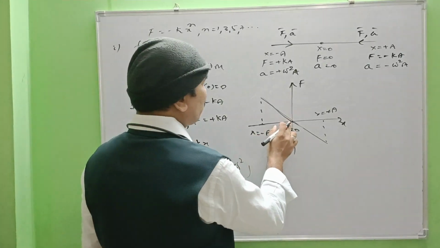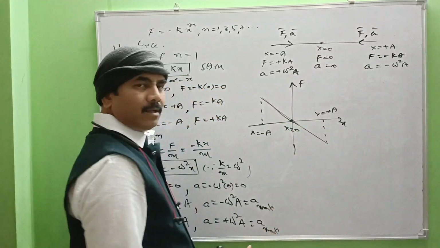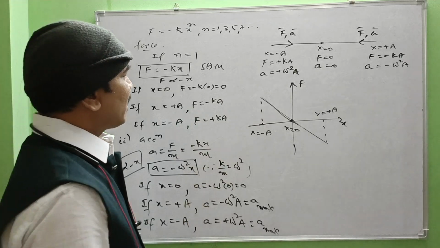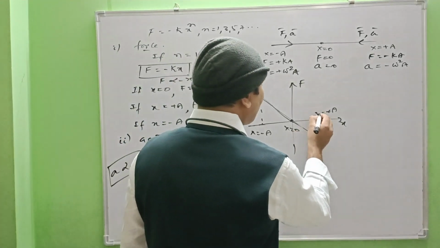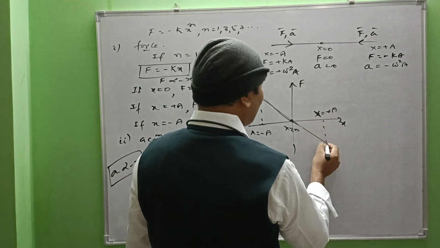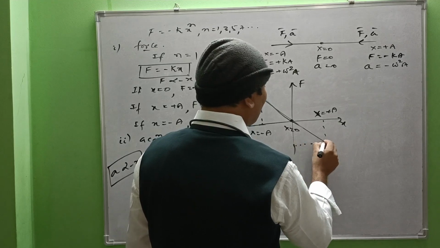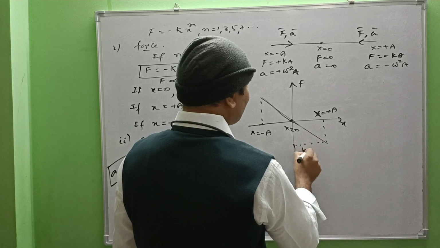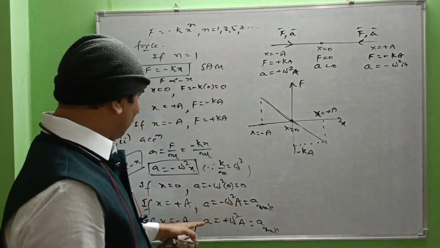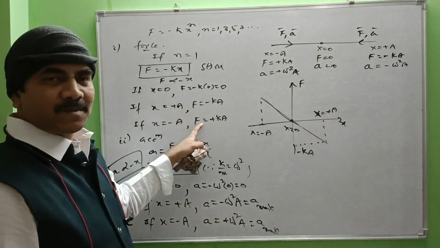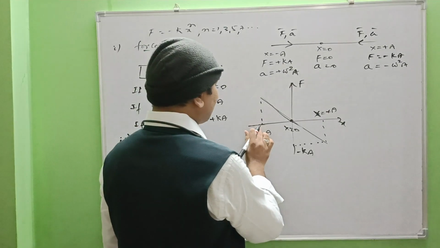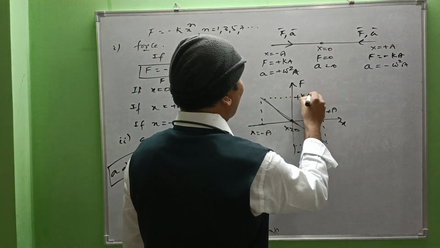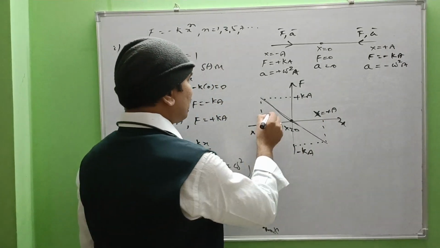Next, if x equal to plus A, F becomes minus kA. If x equal to minus A, F becomes plus kA, like that.